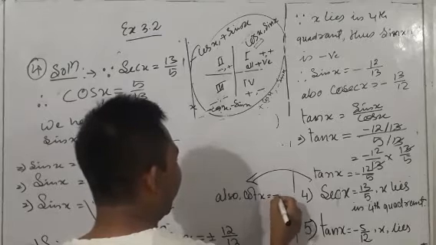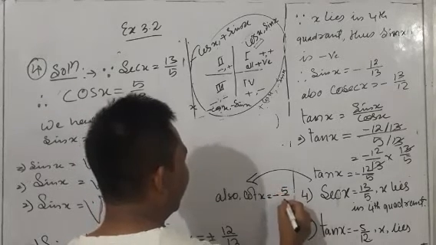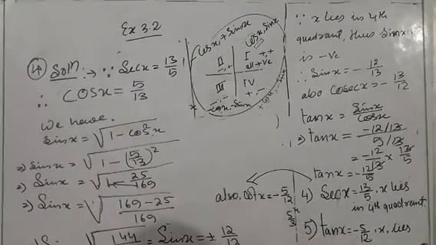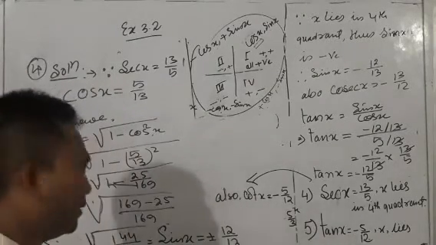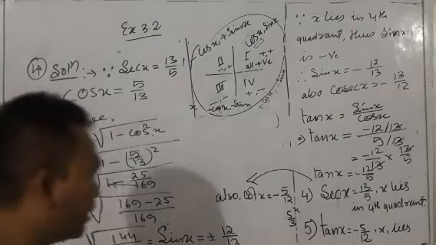So it will be minus 5 upon 12. Okay, fine. So we have got the other values of the trigonometric functions. What's left now?